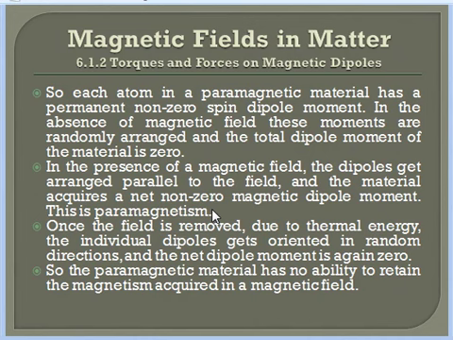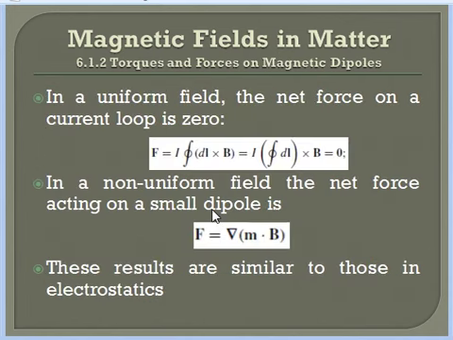So the paramagnetic material has no ability to retain the magnetism acquired in a magnetic field. It has a non-zero magnetic dipole moment as a whole only in the presence of a magnetic field. If the magnetic field is removed, it again becomes unmagnetized. But still, the individual atoms or molecules will have a non-zero dipole moment, but they are randomly oriented.